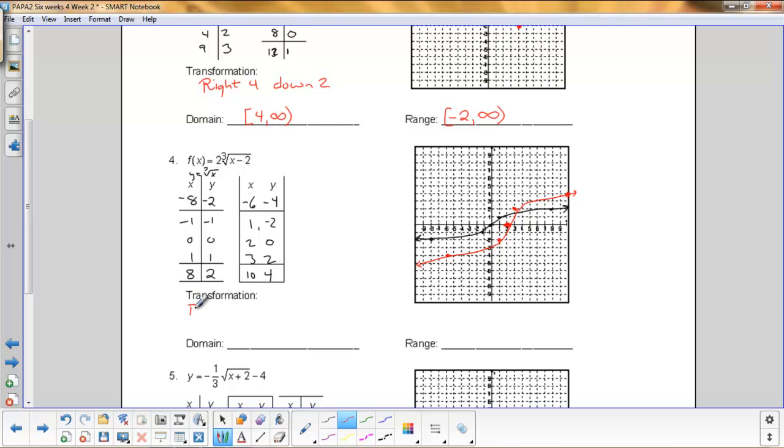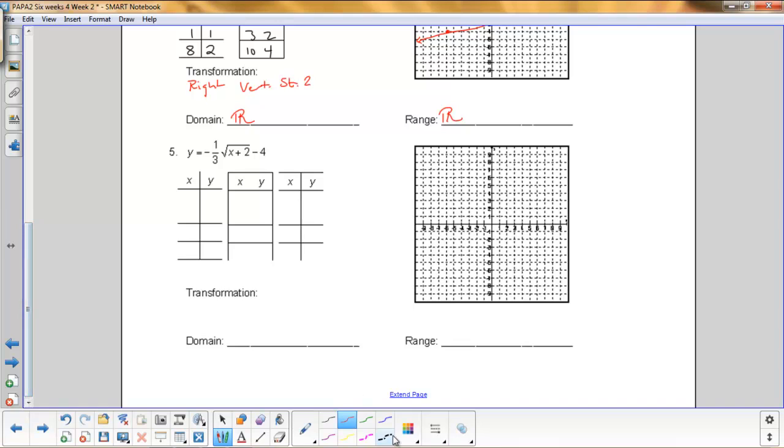So we have a right 2, vertical stretch, also a factor of 2. Your domain and range for the cubic root function is all real numbers.